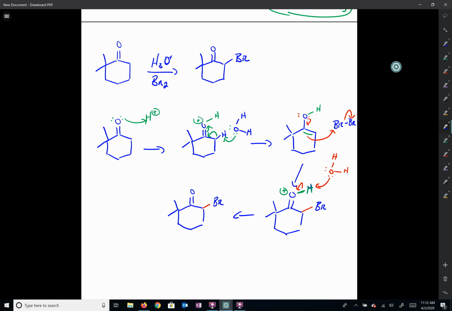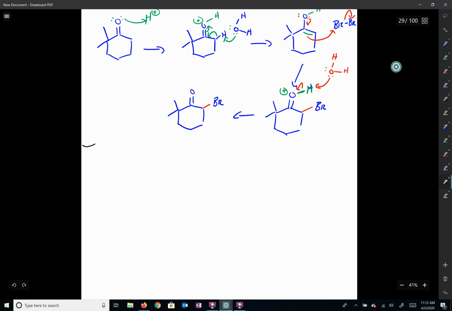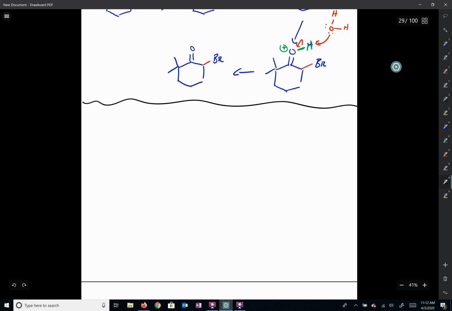So let's build off of this idea here and go into one of the major reactions that come out of this chapter, and that's the idea of aldol condensations. So if we take an aldehyde, or we can even do this with ketones.